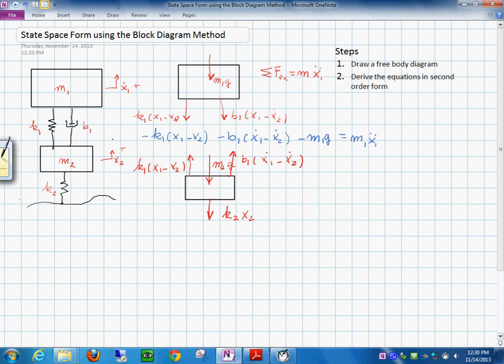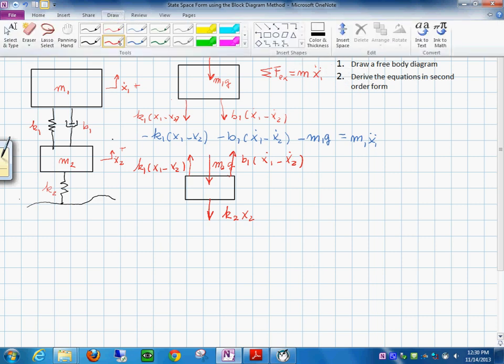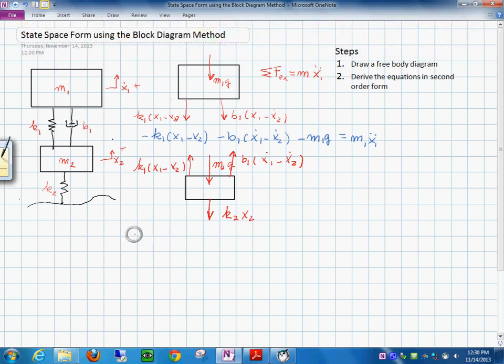So I need to fulfill my second step for this one. So I am going to go back in here and I say, okay, my forces are k sub 1 times x sub 1 minus x sub 2, like this, and then plus, in this case, b sub 1 times x sub 1 dot minus x sub 2 dot, like that, and then minus m sub 2 times g and minus k sub 2 times x sub 2.